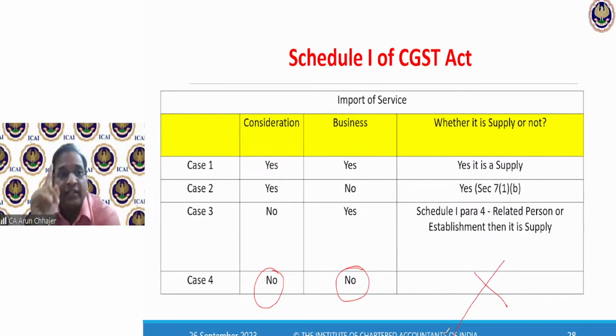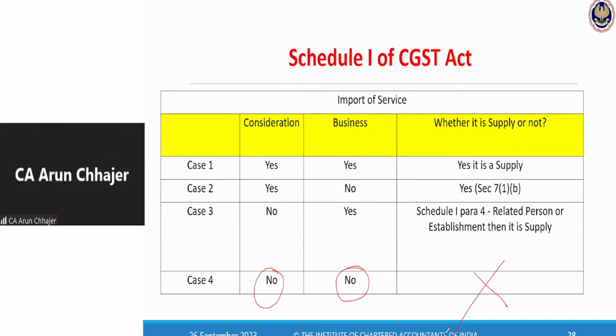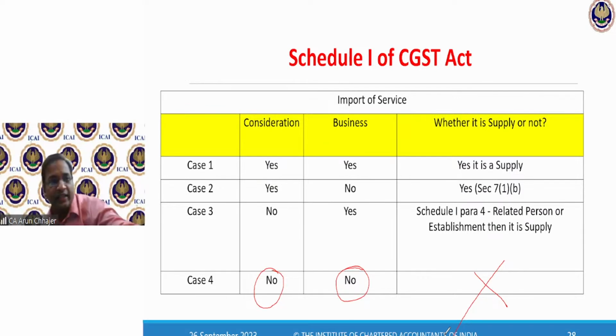There are 2 important pillars for supply, consideration and business. If both are missing, there is no exception. So the answer is, if both are not there, it cannot be the supply at all.